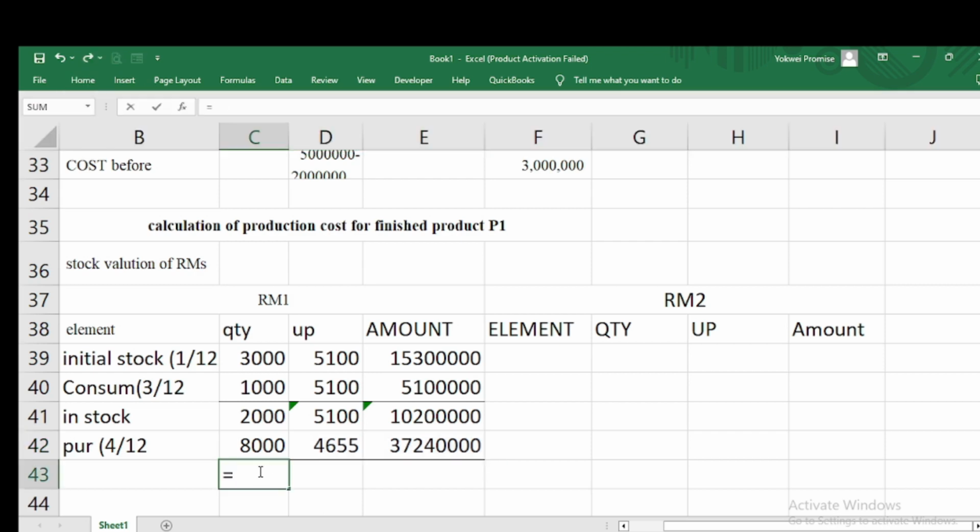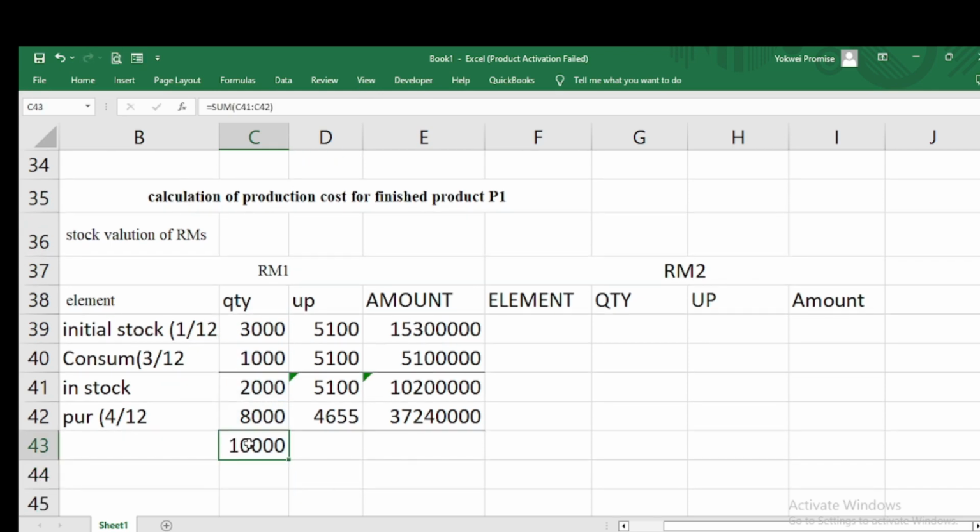So have equal to... so I have 10,000 units.